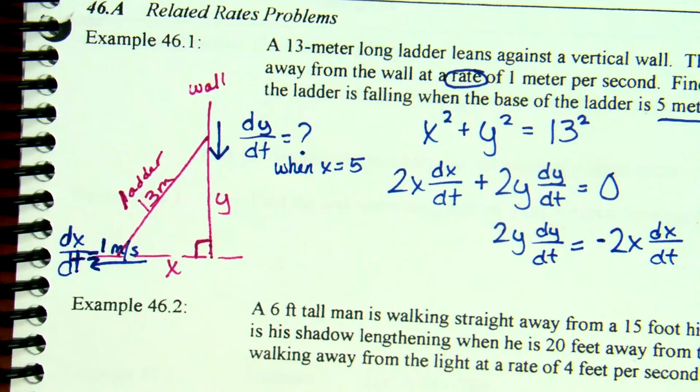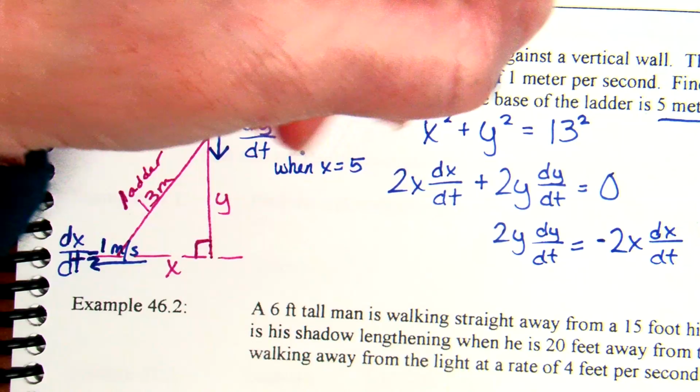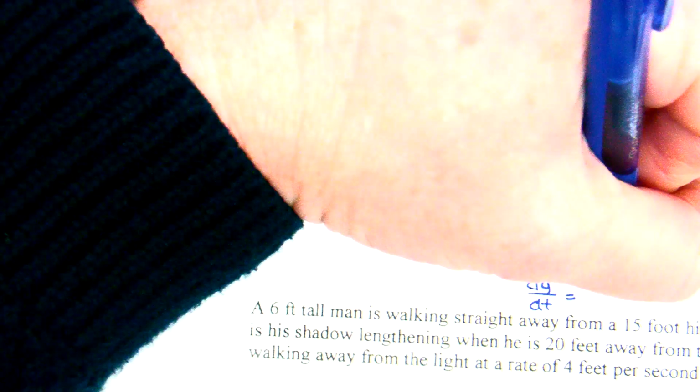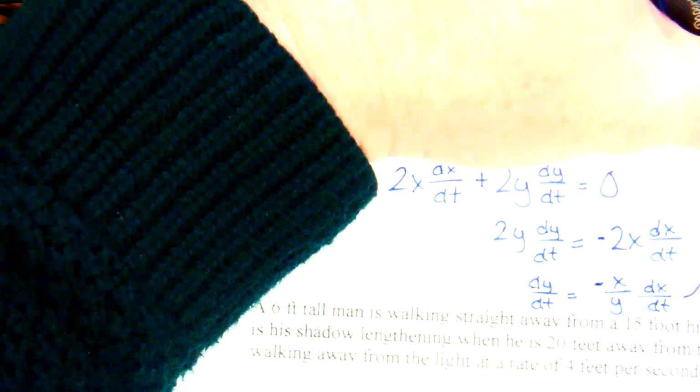How do I get dy/dt by itself? Divide by 2y. So if I divide by 2y, then dy/dt becomes, what happens when you do negative 2x divided by 2y? Negative x over y, the 2's can cancel. So I'm going to say negative x over y dx/dt.